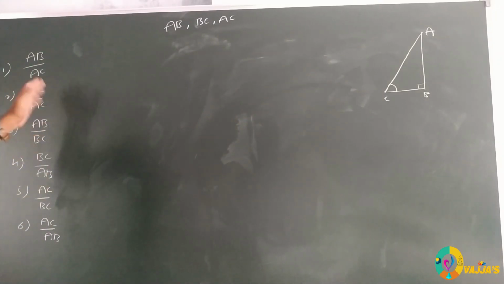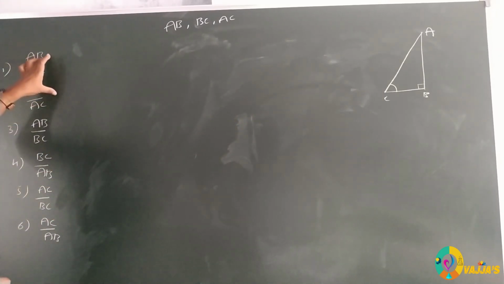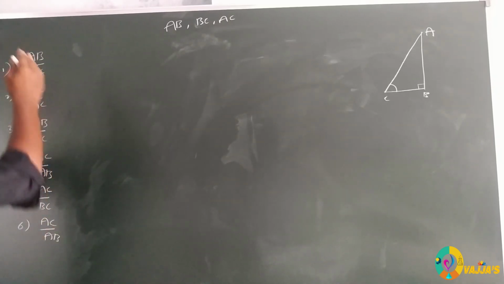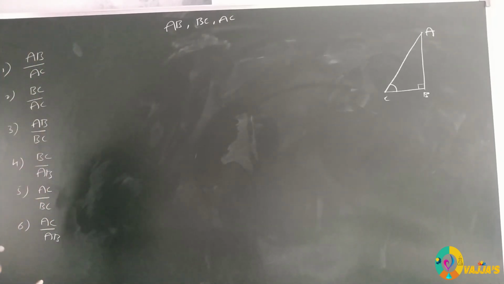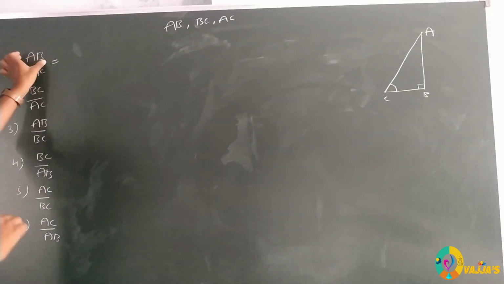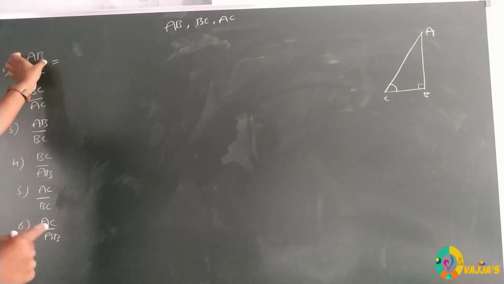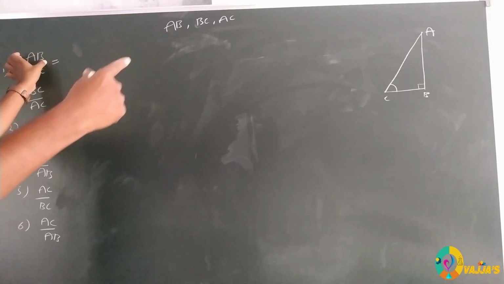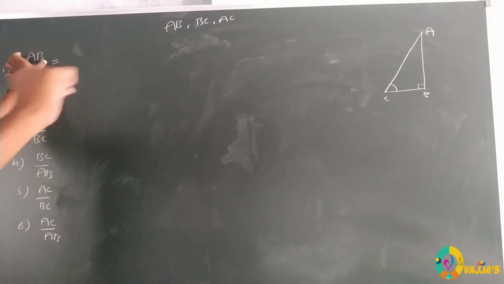Now I am making a relation of these ratios to angle C. For example, look here. AB is nothing but a side. It means the distance between the A and B vertices. That is nothing but the length of AB.